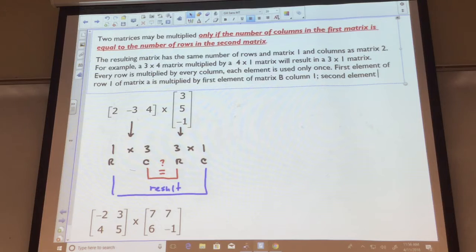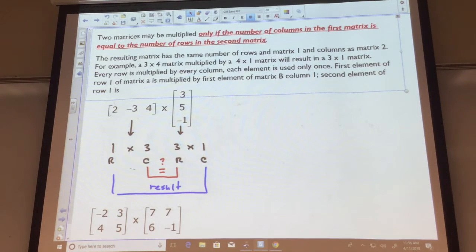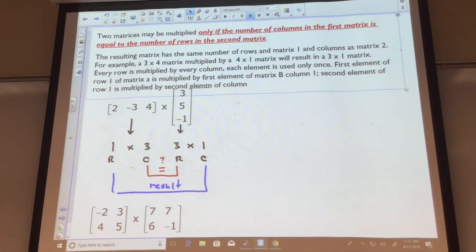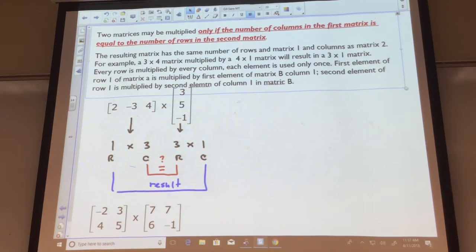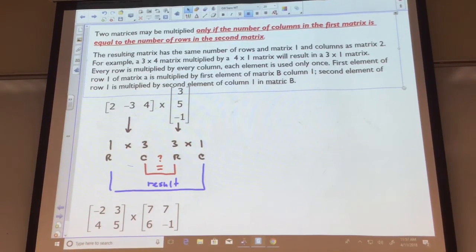The second element of row 1 is multiplied by the second element of column 1 in matrix B. Et cetera, et cetera, et cetera.